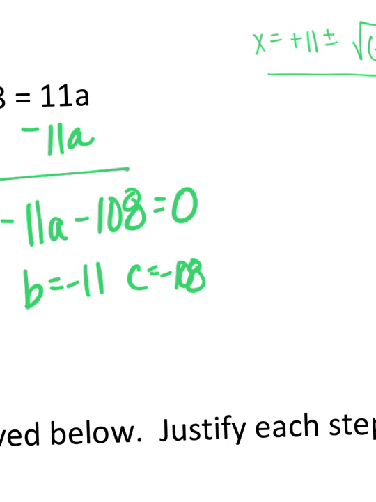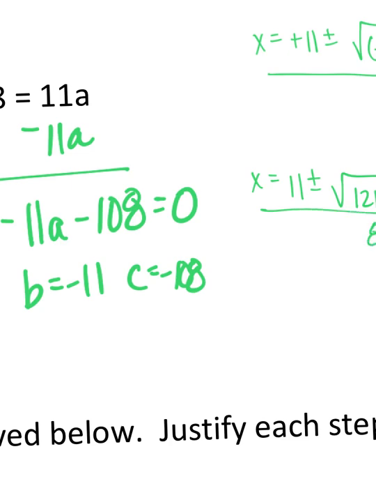And then we're going to use order of operations and simplify. So we've got 11 plus or minus the square root of negative 11 squared is 121. And then negative 4 times 4 times negative 108 is 1728. All over 2 times 4, which is 8.